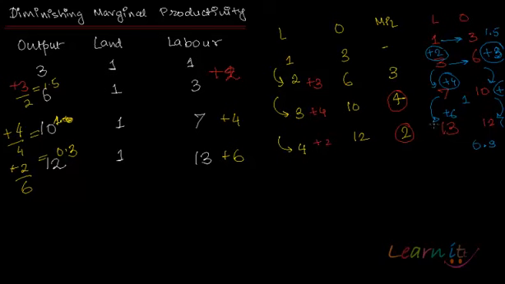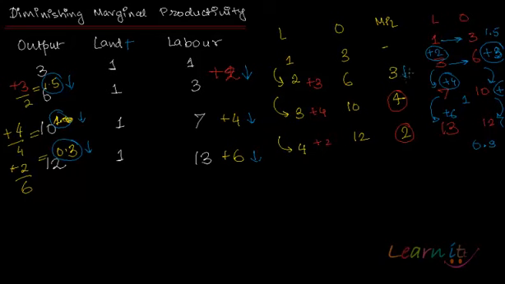So what you are trying to say is that when the other input is fixed, the additions which each additional unit of labor makes to output keep on falling. You getting the point?